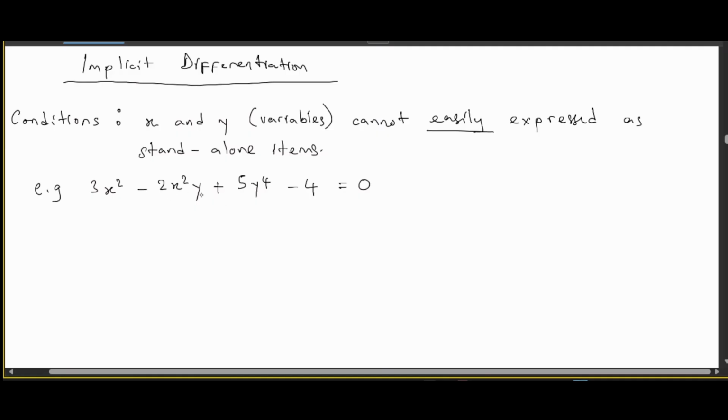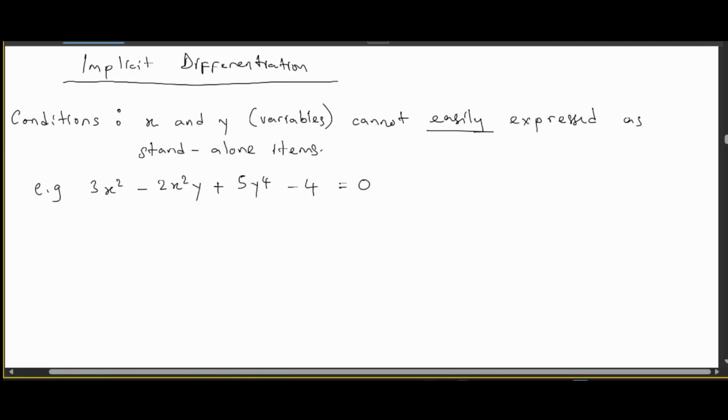So both x and y are found in one term, both attached to minus 2. If we have situations like this, where both x and y are joined in a single term, and we cannot easily express them as standalone items, then we have to apply implicit differentiation.